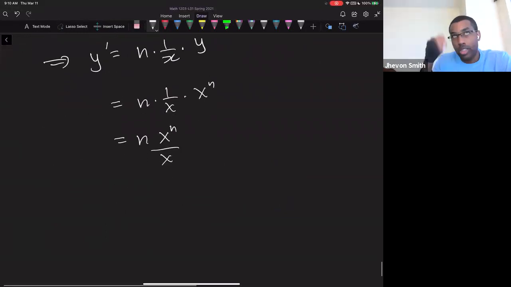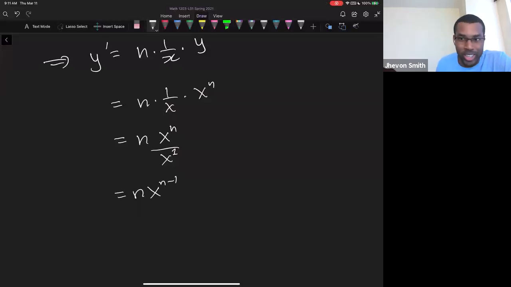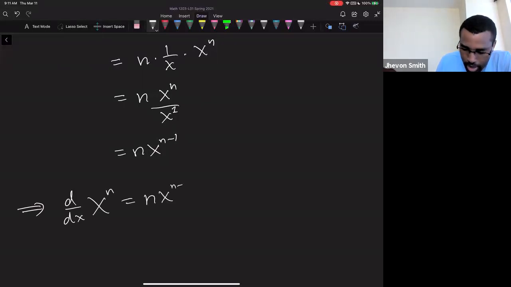Laws of exponents tells you subtract the powers, right? So it's going to be x to the n minus 1, which is the power of x in the bottom, right? So it's n x to the n minus 1. So it turns out that that pattern that we thought is actually how it's done, and we could use logarithms to figure that out. The derivative of x to some power is nx to the n minus 1.